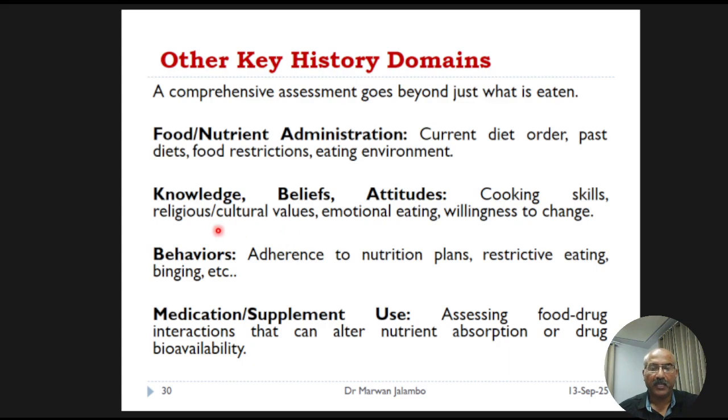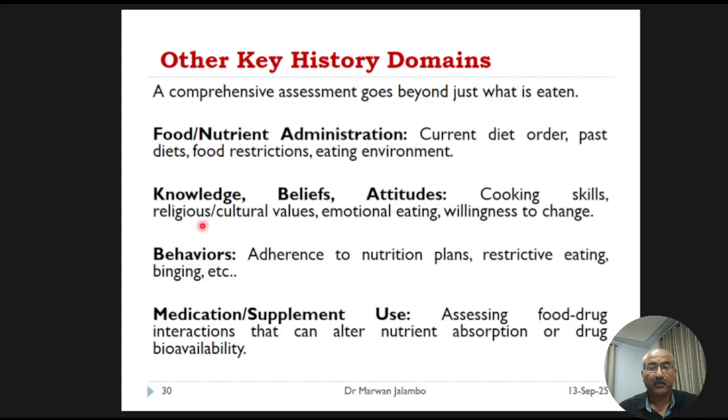Do they have the cooking skills to implement a new diet? Do they have religious or cultural beliefs that will impact food choices? Are they struggling with emotional eating? This information is key to developing an intervention they will actually follow.